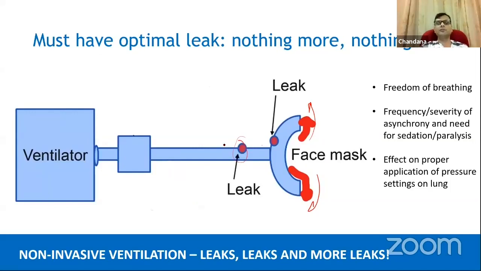So even if you try to tighten the mask, the patient can get some air through these leaks. It's not a completely closed system, but it's fairly close if you have a tight-fitting face mask. But there is some freedom of breathing, so these patients do not need that much sedation. You generally don't sedate NIV patients.